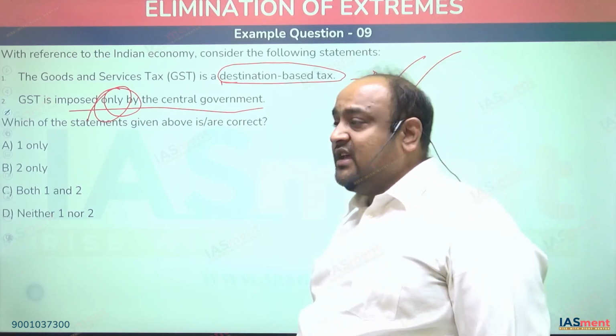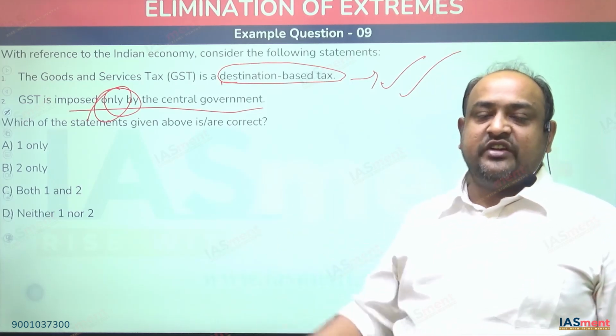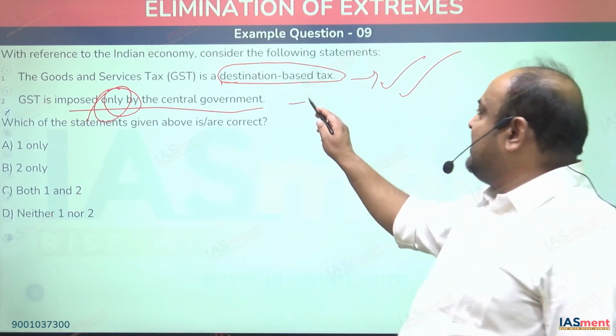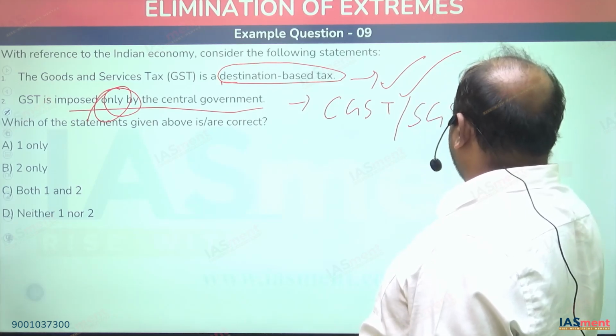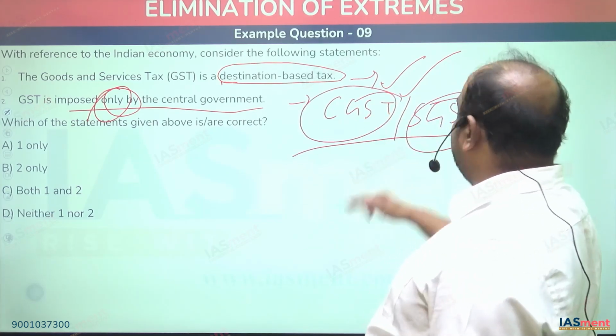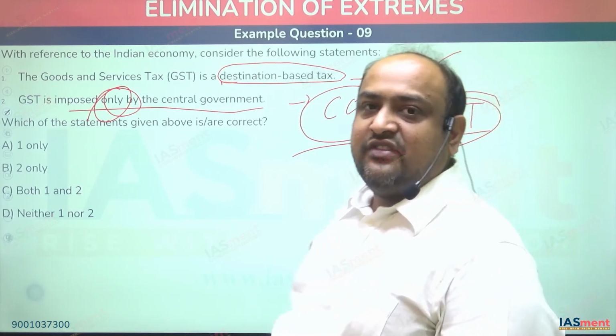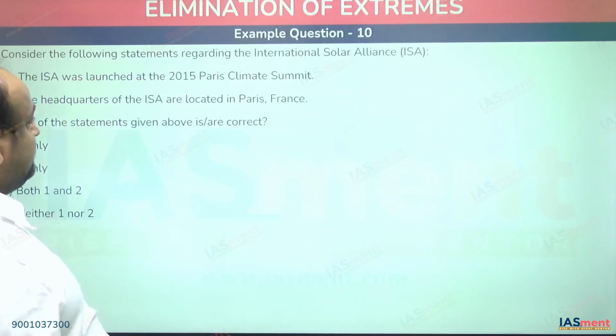And GST is imposed only by the central government? No, how is it possible? Where will the states go? We have CGST and SGST. CGST by the Centre, SGST by the state. Fine. Next question.